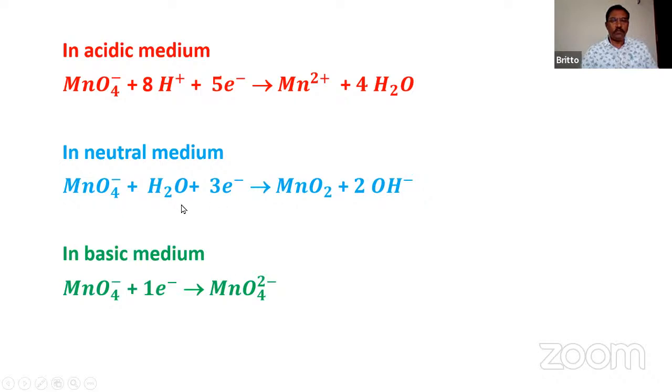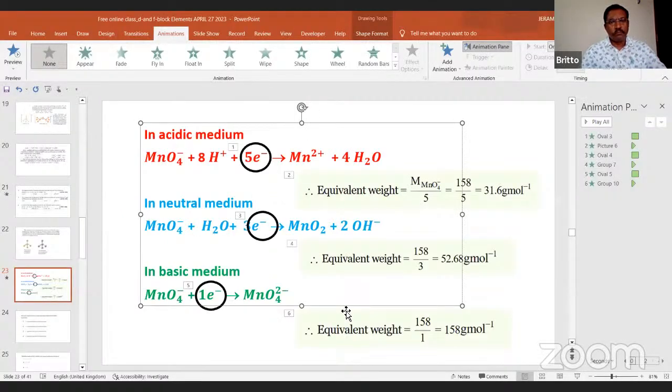And then we are going to put H2O. Okay, so the number of electrons involved, no, this is not right. Give me a second.